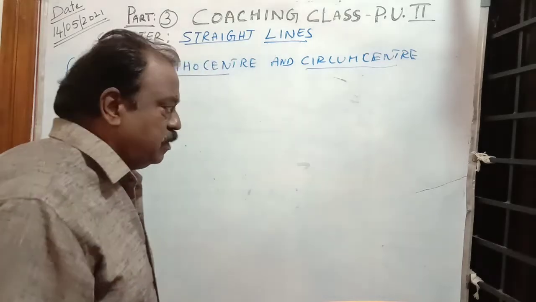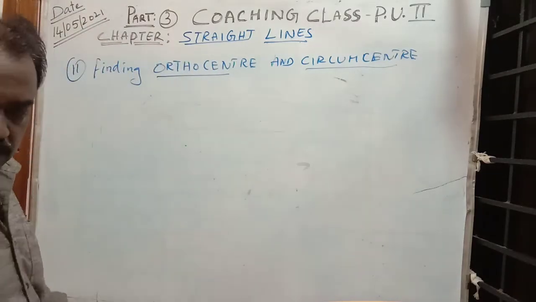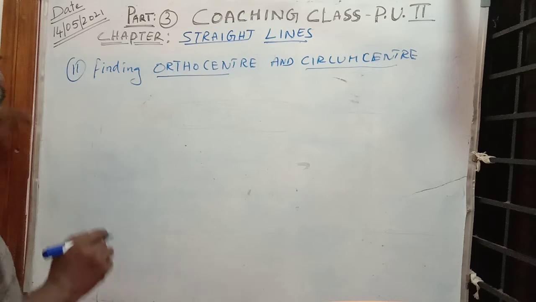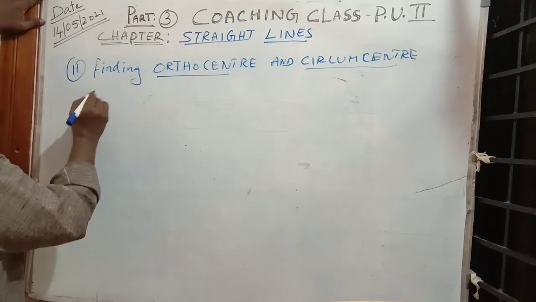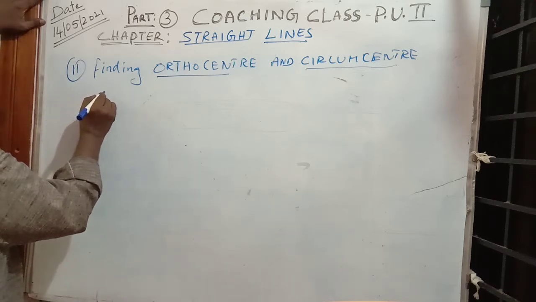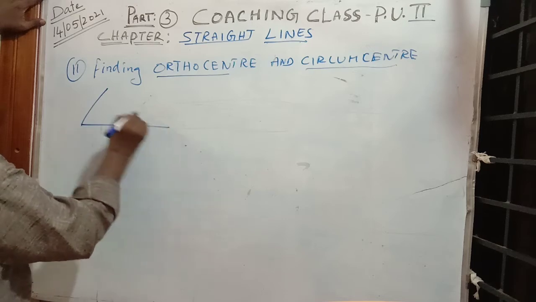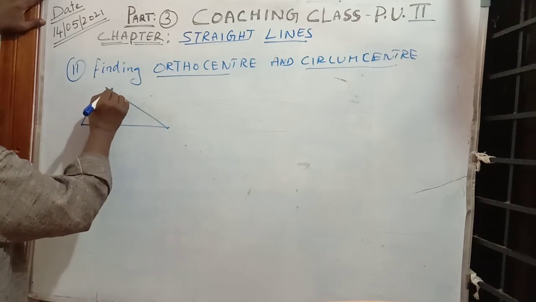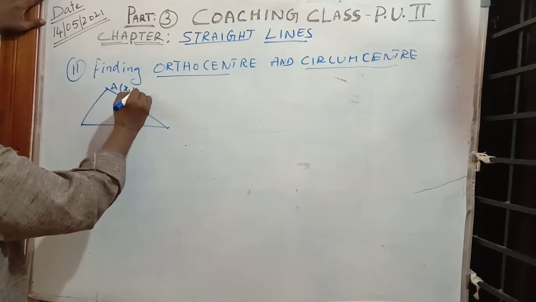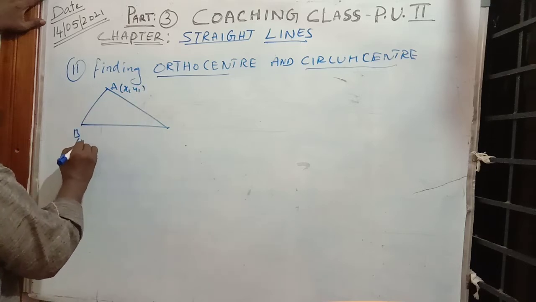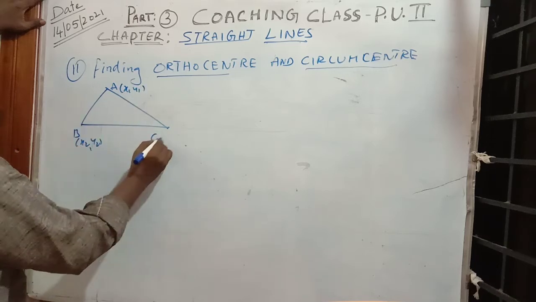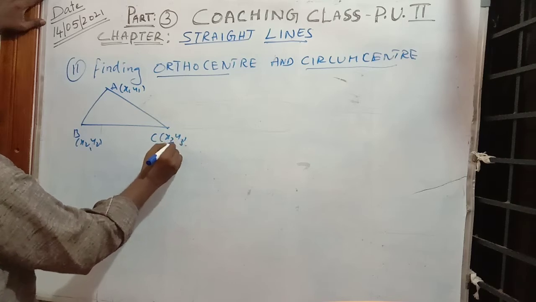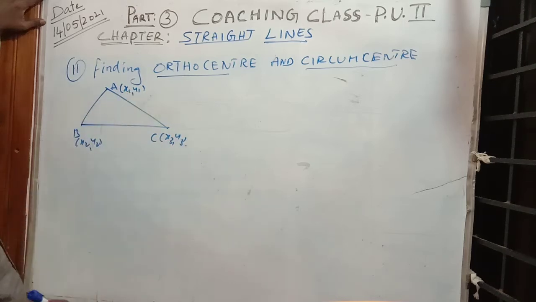Observe, I want to tell it clearly. Suppose a triangle is there like this. It is A x1 y1, B x2 y2, C x3 y3. It is a given triangle.